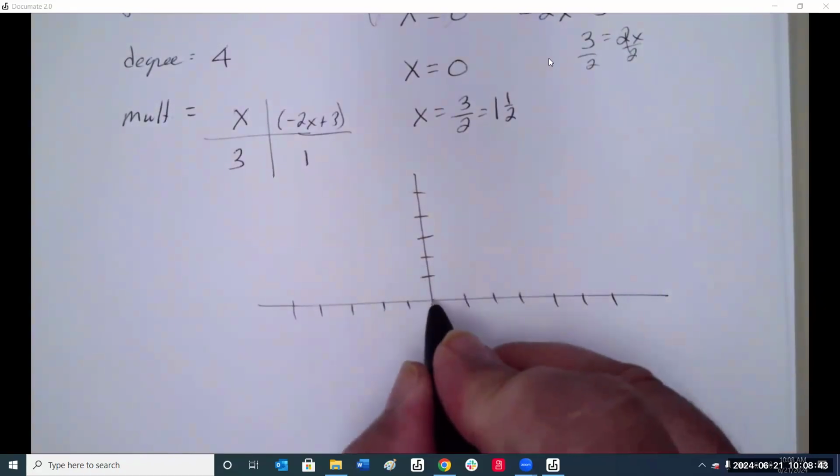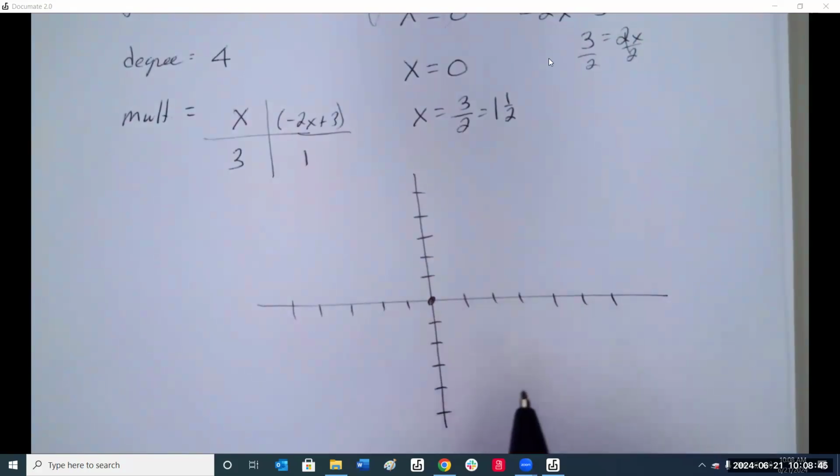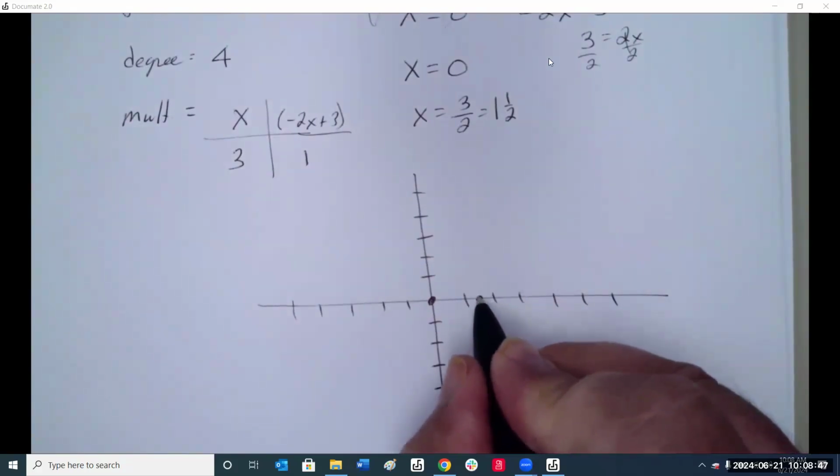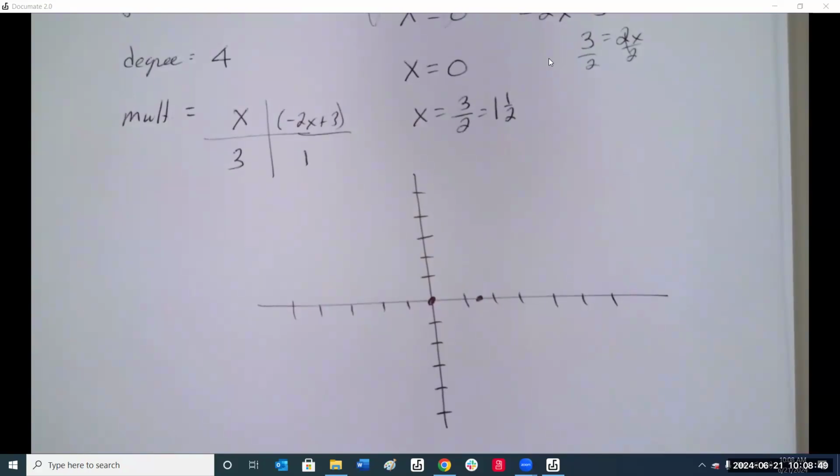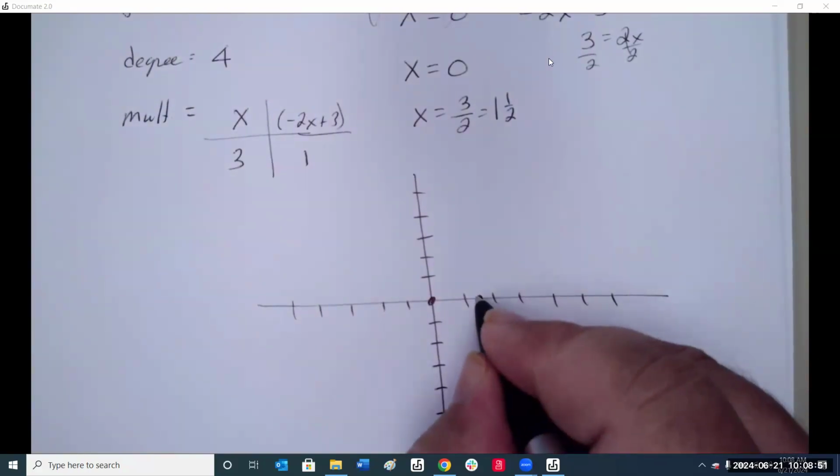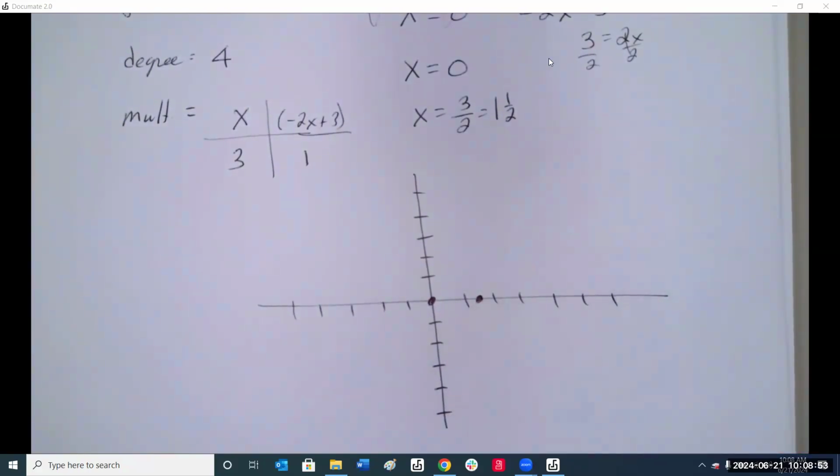So let's plot our zeros at the origin and 1 1/2. What direction is the graph going?